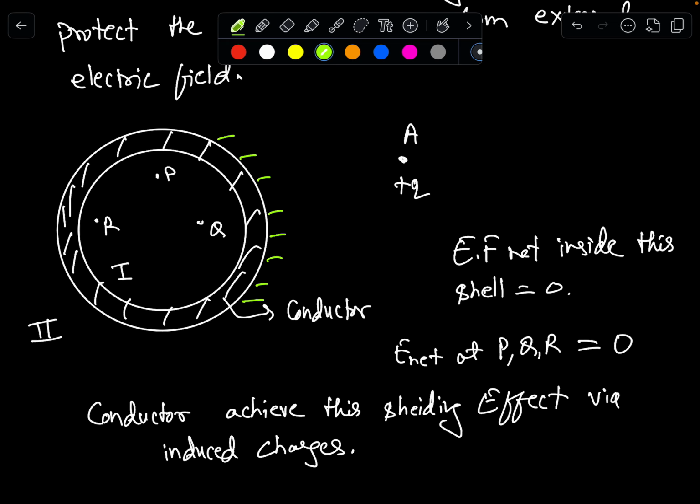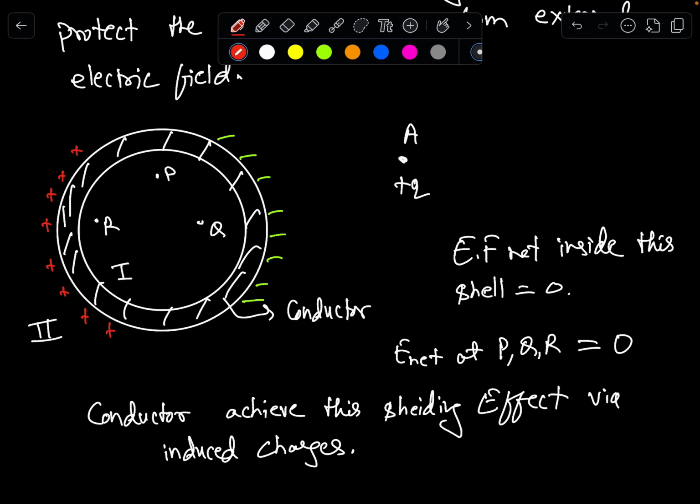If I have a negative charge on this side of the shell, the other side of the shell will have positive charge. Let me write it with red color.